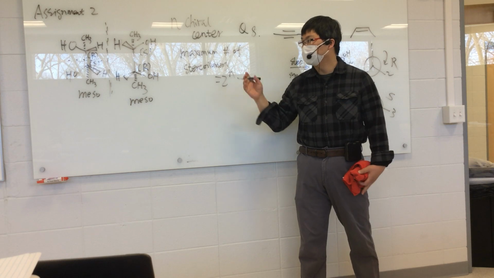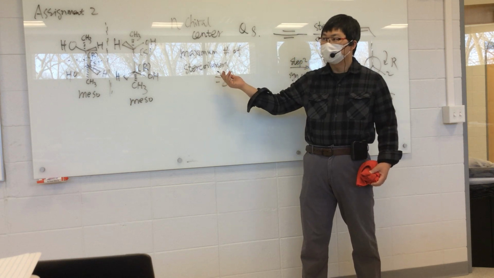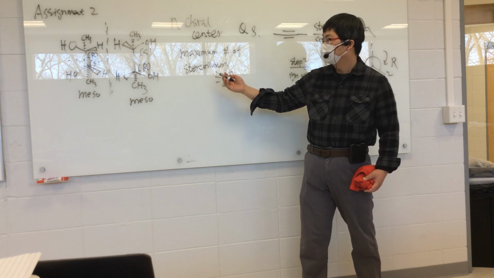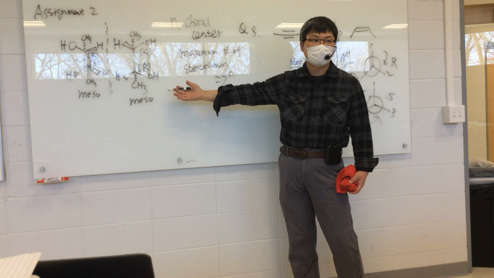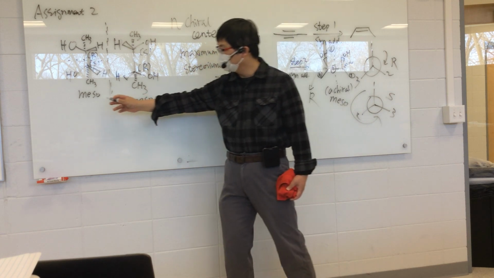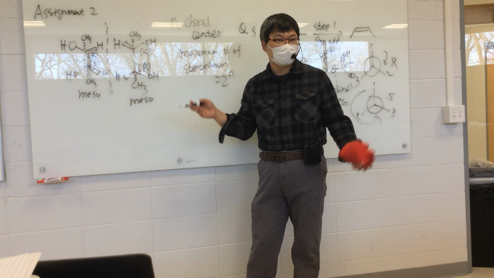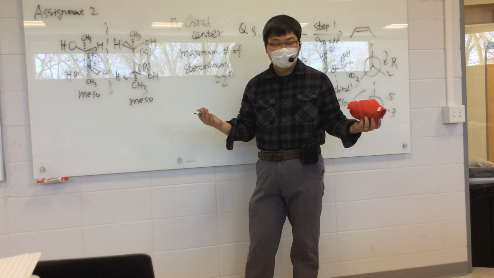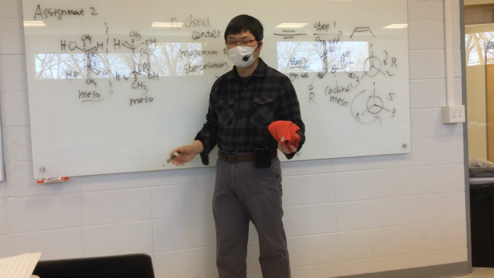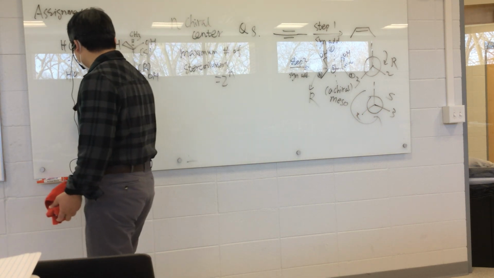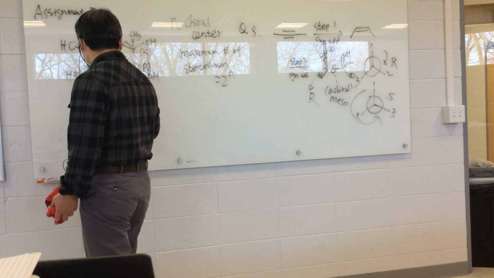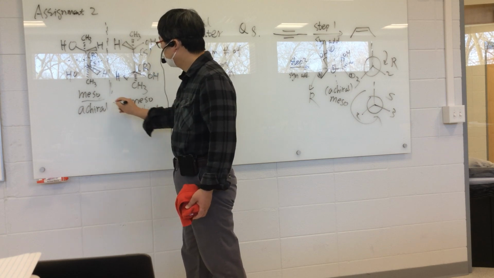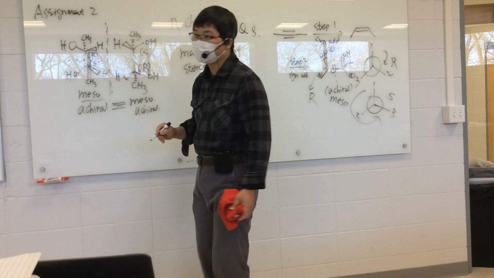But you can see here, there are two chiral centers, and these two look like stereoisomers, but they're identical. They're the same compound. Why is that? Because they're not chiral. This is a meso compound. It's achiral. This is also achiral. They are the same.